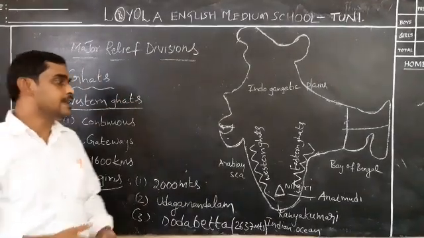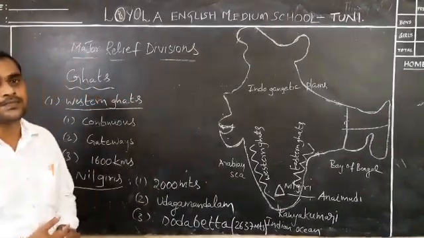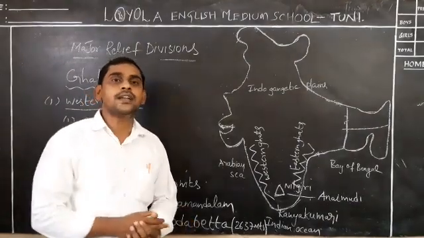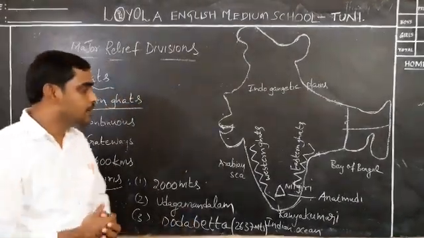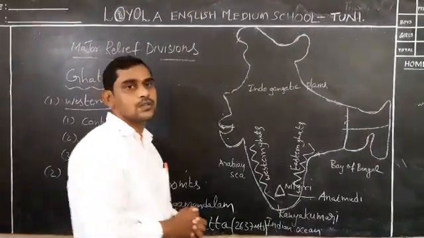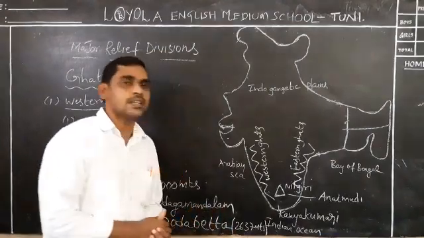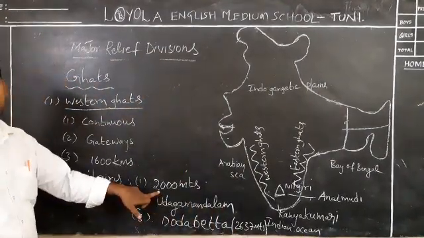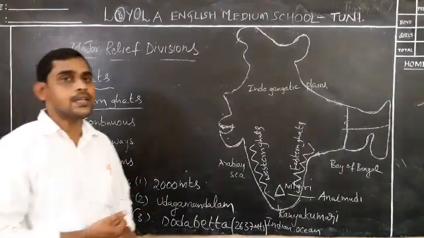Nilgiris are the hills. Where are they located? They are located in Tamil Nadu. How many meters have they extended? 2000 meters. They have extended 2000 meters.